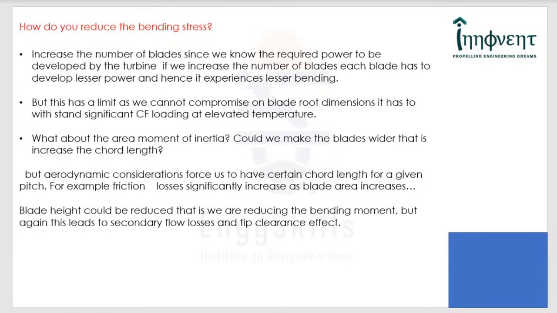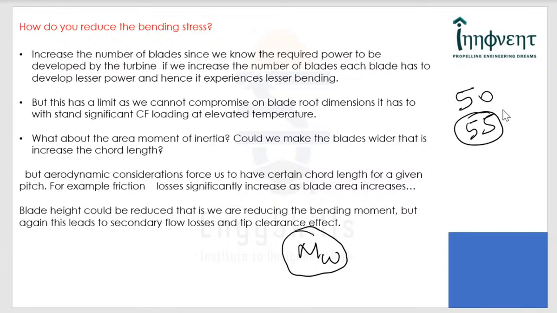Now, if you want to reduce it, then EMW must be reduced. And how do you reduce it? If you split the work amongst the turbine blades, let us say there are 50 turbine blades, and instead I make it 55 turbine blades, each turbine blade will have less work to support, and as a consequence will feel less bending moment.